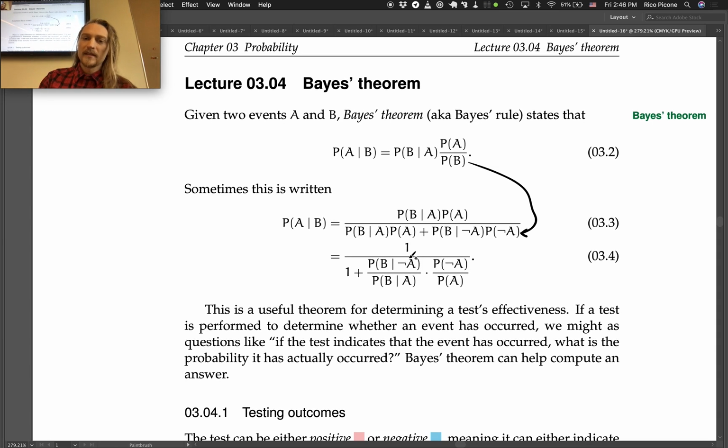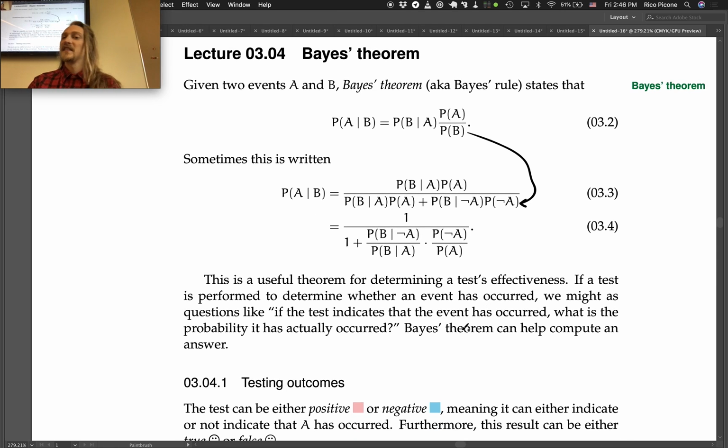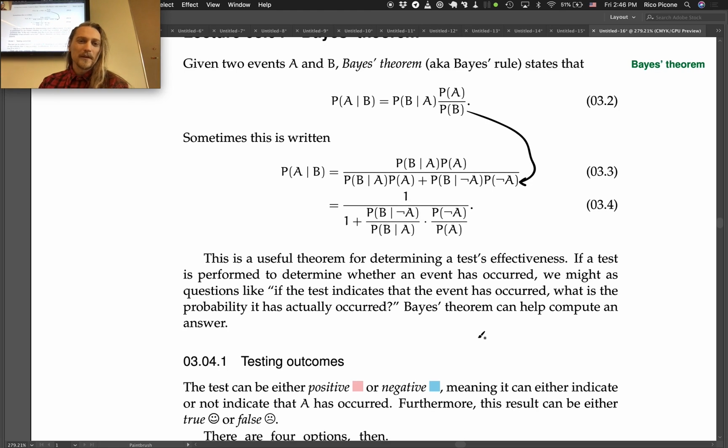And then this last one, I've rewritten this so that the probability of A shows up just once and the probability of B given that A just shows up once. So simpler in a sense, but take it for what it's worth.